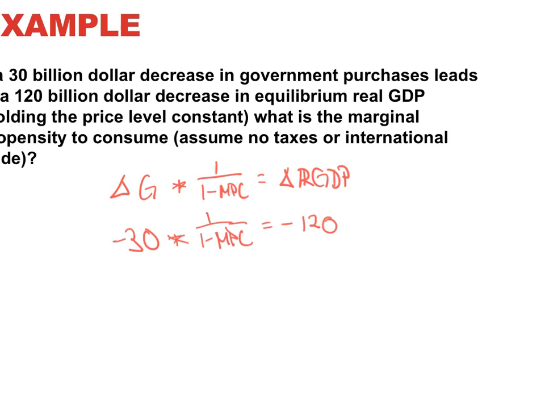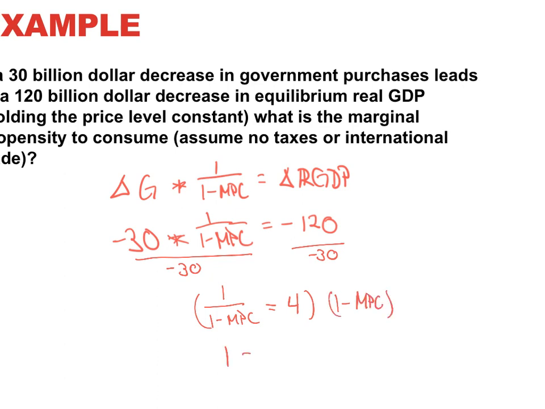So now we can divide each side by negative 30. And we get 1 over 1 minus the MPC is equal to 4. And so we can multiply each side by 1 minus the MPC. So we get 1 is equal to 4 minus 4 times the marginal propensity to consume.